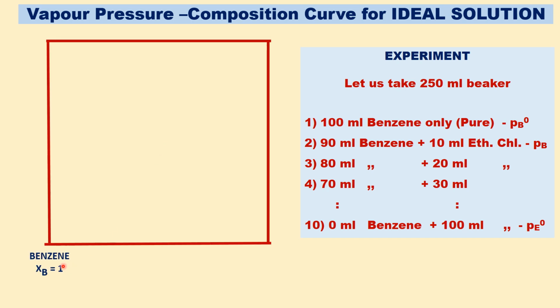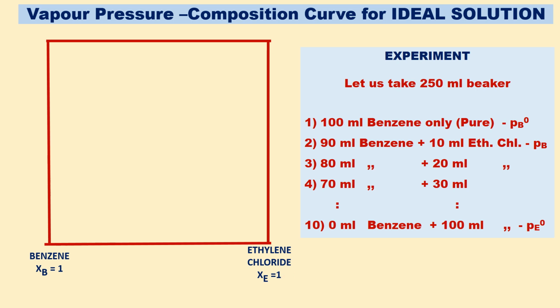Let us take pure benzene here, where the mole fraction XB equals 1, because we have taken pure benzene, therefore there is no ethylene chloride. And here let us take pure ethylene chloride, therefore the mole fraction of ethylene chloride equals 1.